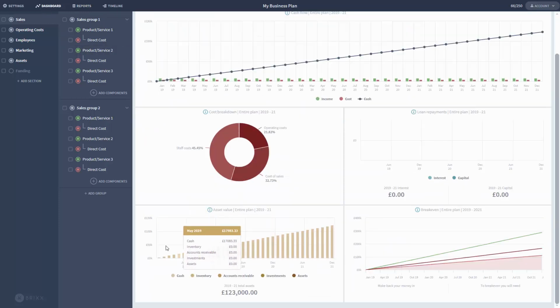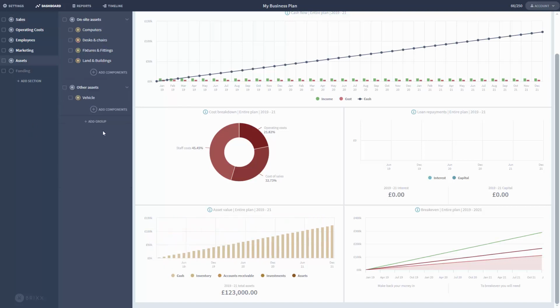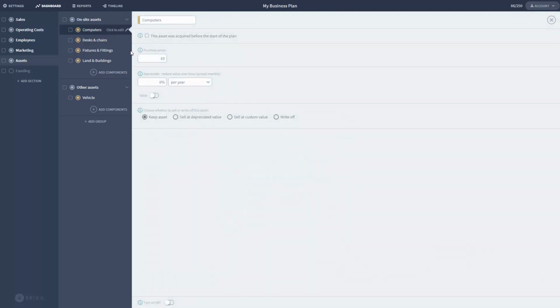So one of the next common things that's going to appear on this chart are assets. So vehicles, buildings, big things that have value like computers and that sort of thing. So let's add an asset in, and you can see that in action. Let's buy a £5,000 computer.